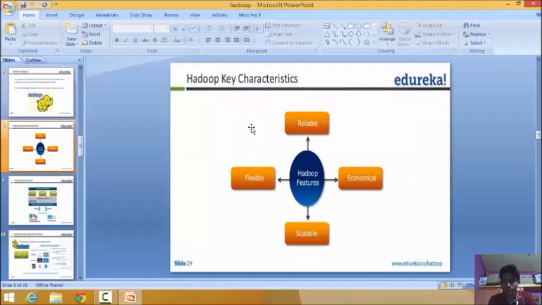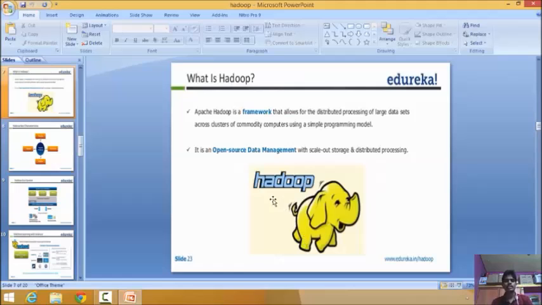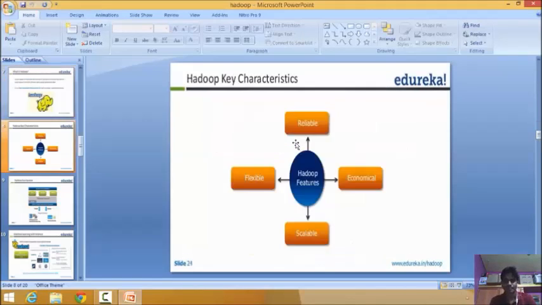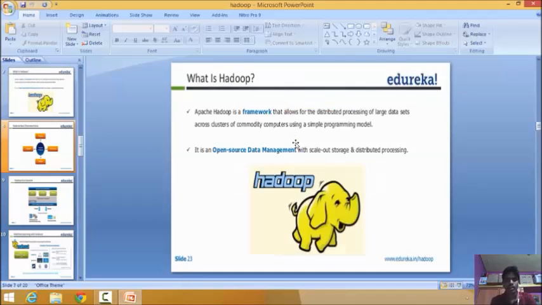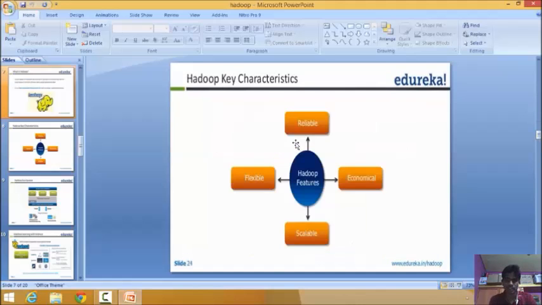Scalable, as I have said. How is it scalable? We can add any number of nodes in the Hadoop distributed file system. Flexible: it is easy to program and to analyze big data using Hadoop. Thus, it is flexible. Let us move further.